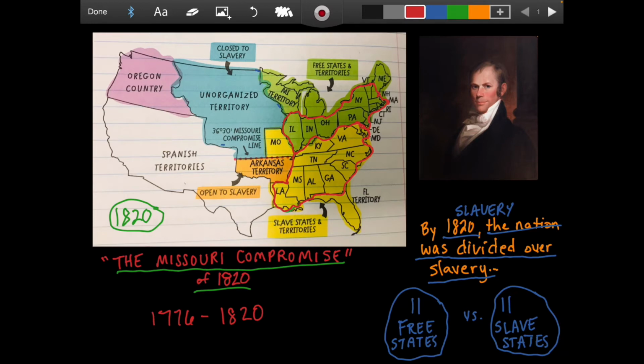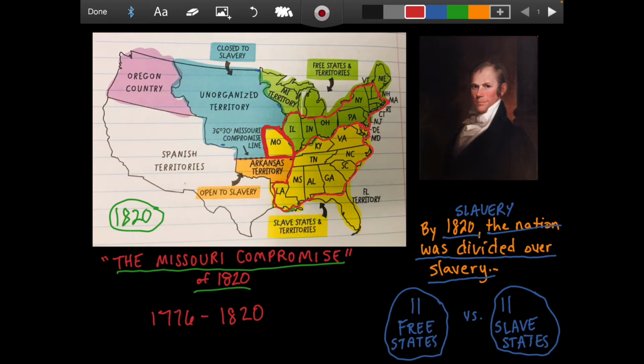But there's a problem that starts to develop whenever Missouri decides that it wants to become a state. Missouri is out west, but it's far enough south that crops grow well in Missouri, and slave owners have moved into Missouri, and they've sort of tilted the balance. And so the people in Missouri who want to become a state, they want to allow slavery in their state.